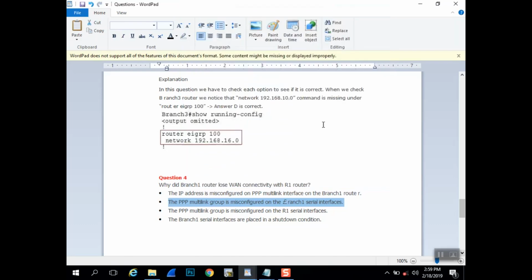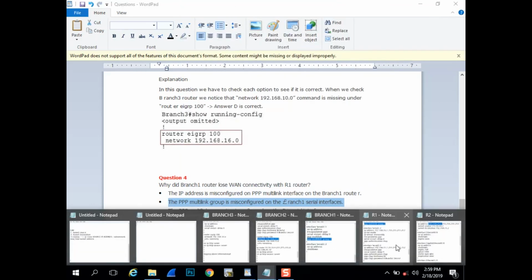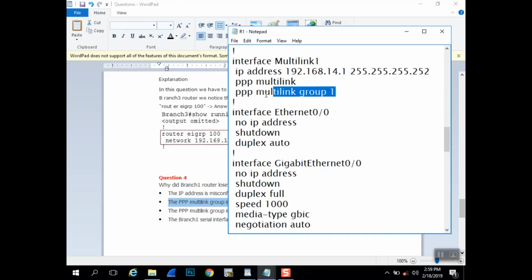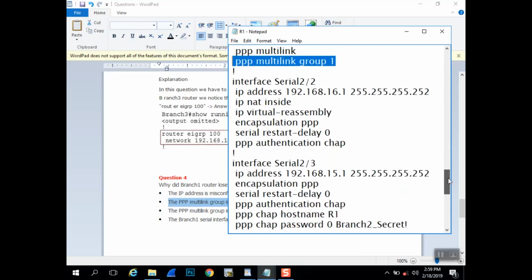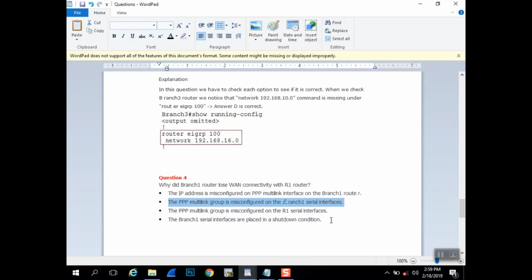Next one is the PPP multilink group is misconfigured on R1 serial interfaces. So let's proceed with R1. So it's in group 1 also. As you can see, it's also in group 1, and that's it. So they have the same. The PPP multilink group is configured on R1 serial interfaces.